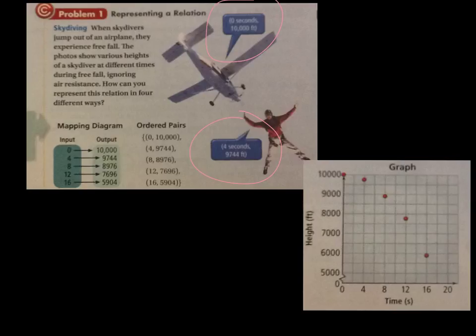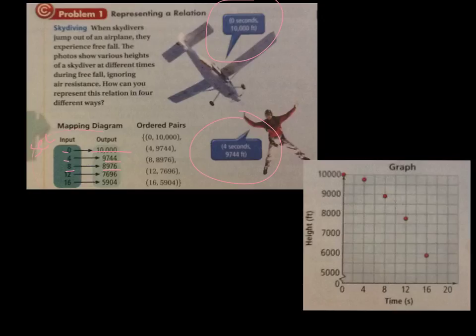All right, so the mapping diagram. The input values are the number of seconds. So right here at 0 seconds, he's at 10,000 feet. That means that he is still in the airplane. After 4 seconds, he's at 9,744 feet. After 8 seconds, he's at 8,976 feet, and so on.